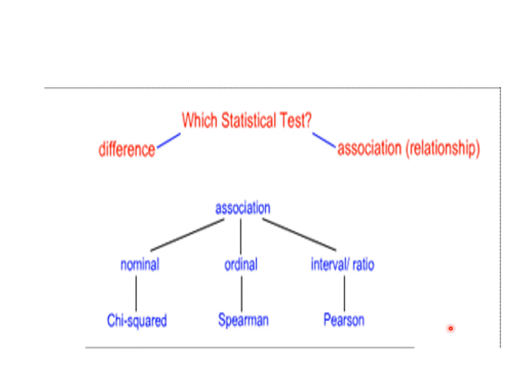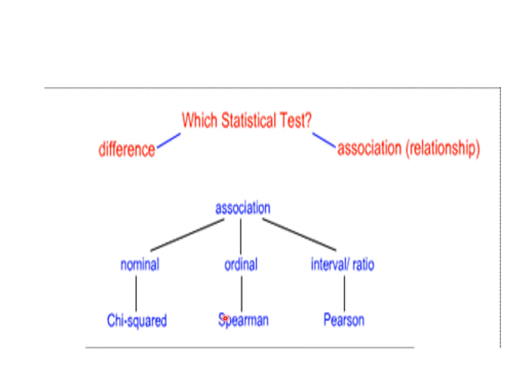If we want to see not differences but association, for example, if student motivation relates to student's grade, then we come to association. If it is nominal, then we use chi-square.